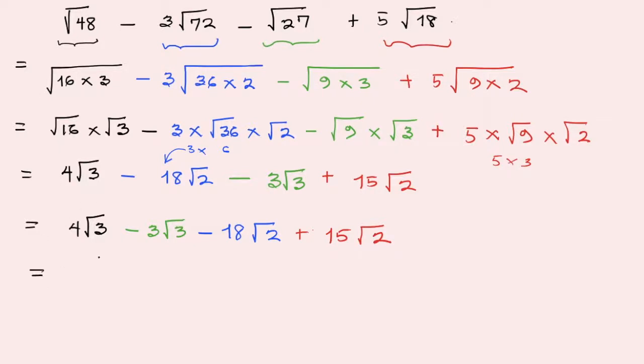So our answer, if we combine this: 4 root 3s minus 3 root 3s is going to be 1 root 3 left. And then minus 18 root 2s plus 15 root 2s, minus 18 plus 15, that's going to be minus 3 root 2. So our final answer is square root of 3 minus 3 square root of 2.